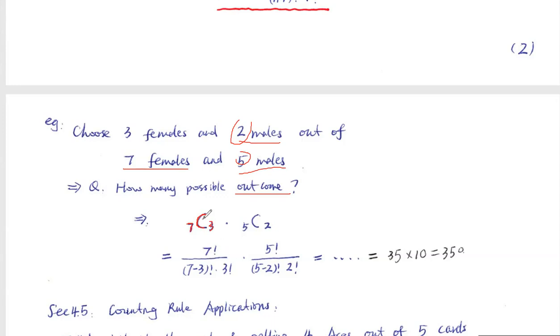So by the definition, C(7,3) is 7 factorial divided by (7 minus 3) factorial multiplied by 3 factorial. So that's this piece here. Similarly, I want to select 2 out of the 5, so that's this formula here. We multiply them together, dot, dot, dot.